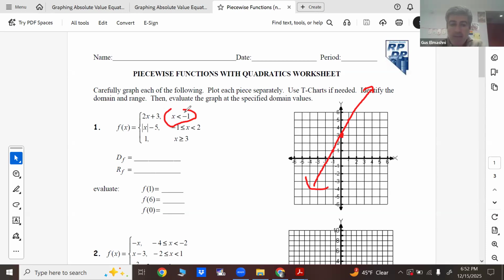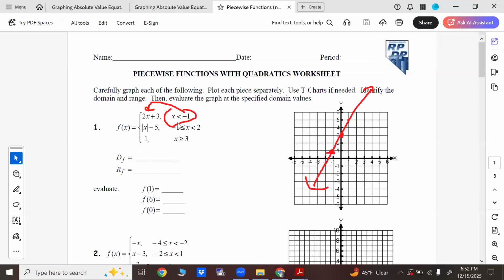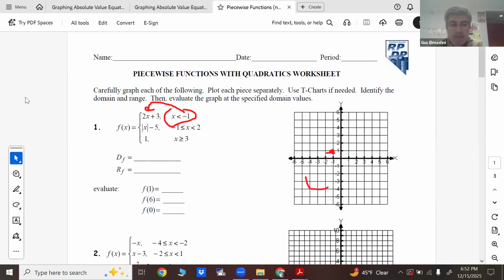What does that become? 1 plus 3, it's 1. So it's right here. And you only want it when x is less than it, so you don't want any x values more than -1. So I'm going to do this, and also draw a little hole there. It's not included.